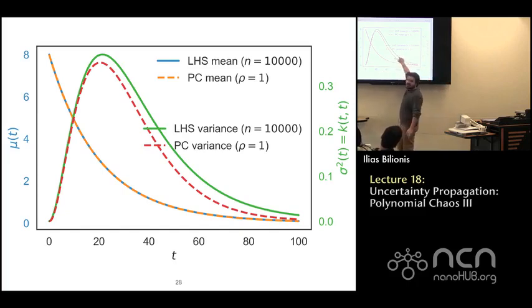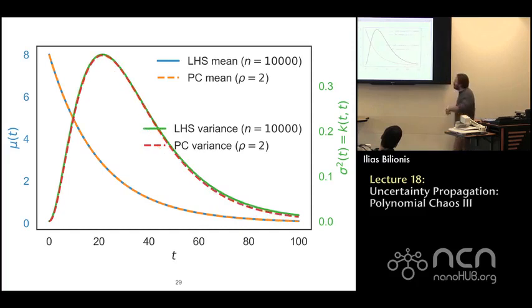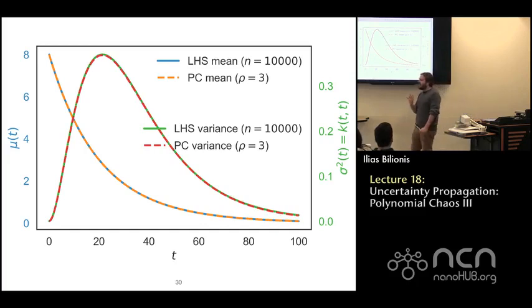But the variance requires a higher order term. And if you go to order 2, you get it good enough, but there's still a little bit of discrepancy there, which you're going to have to go to order 3 or higher to correct. And in general, this is how you make sure that your solution has converged.